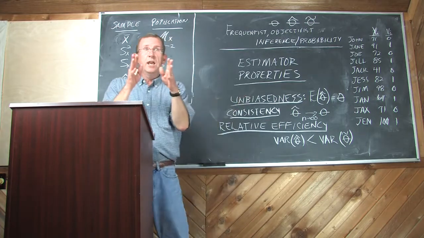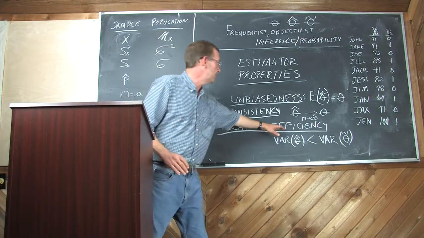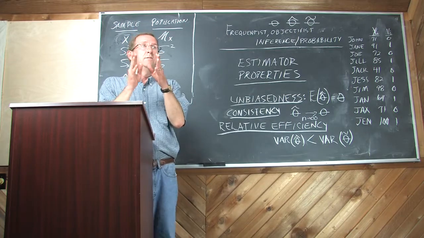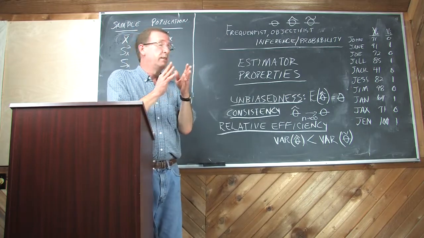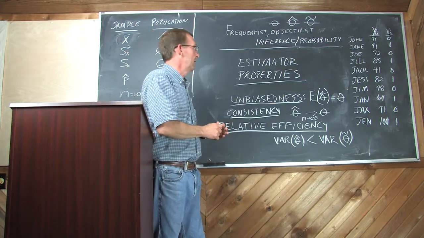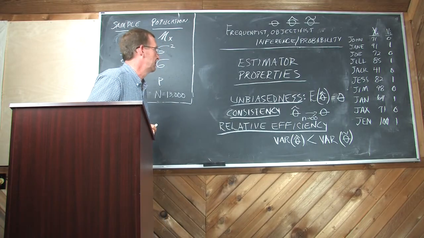So, again, these terms, unbiasedness, consistency, and efficiency, and I'm defining that in relative terms. Unbiasedness, consistency, and efficiency are terms that frequentists use to refer to estimators. Estimators, formula for calculating statistics.